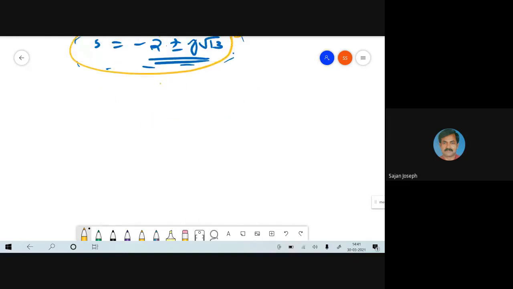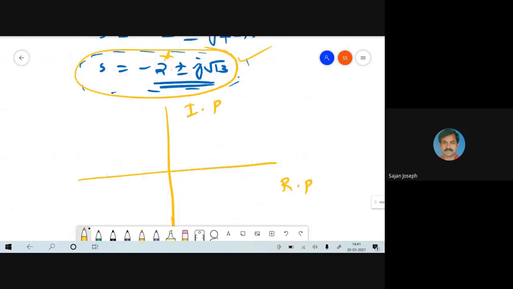So if you sketch the real part of the roots versus the imaginary part, you can see that this root is at -2.